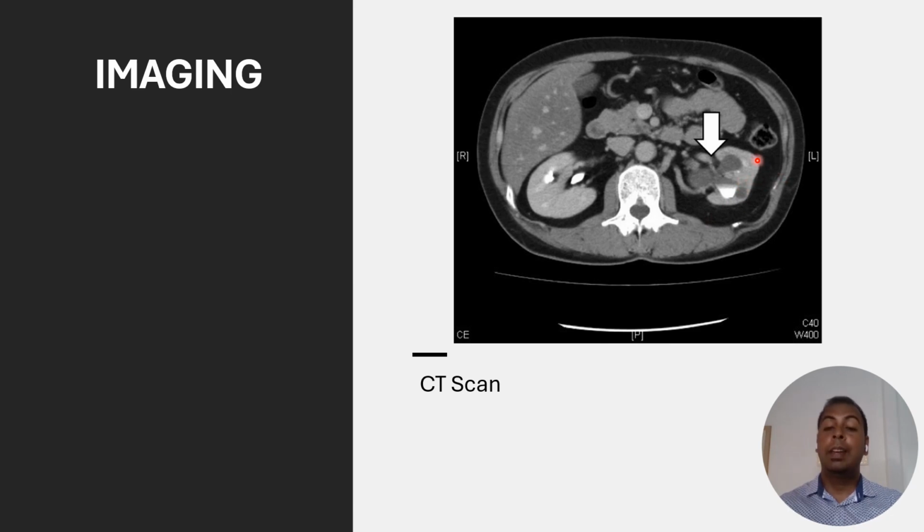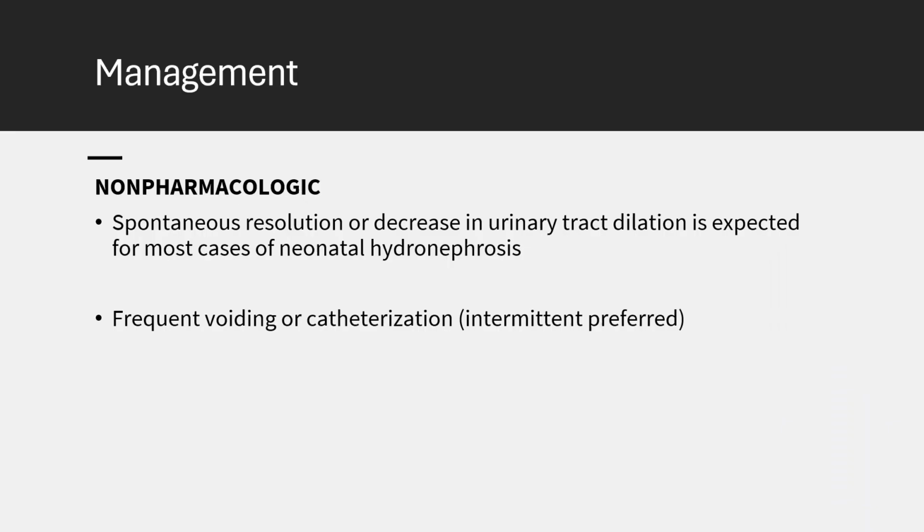It could diagnose any other pelvic masses that might be compressing the ureters. So that's a major advantage of the CT scan. The other imaging studies like the intravenous urogram and ultrasound may not give us the detail that the CT scan can give us.